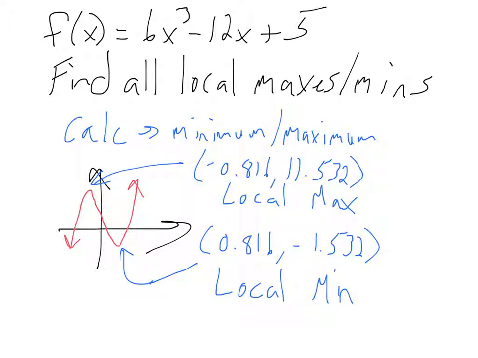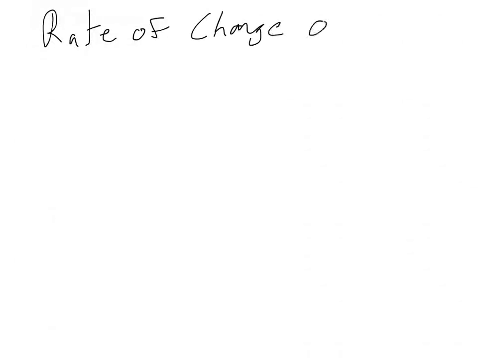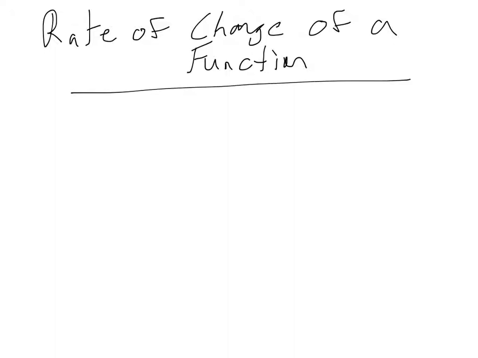All right, so another concept we're going to tackle today in more depth. We talked a little bit about the rate of change of a function. And in a linear function, like this one right here, the slope is constant.